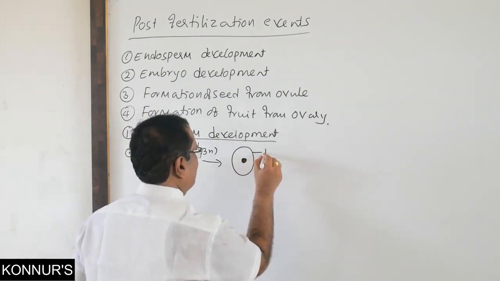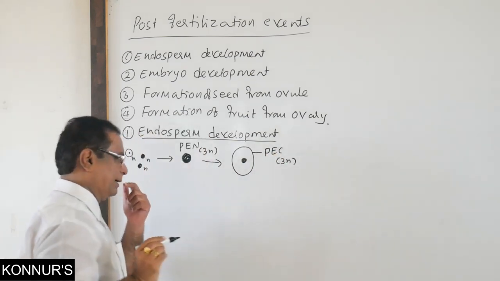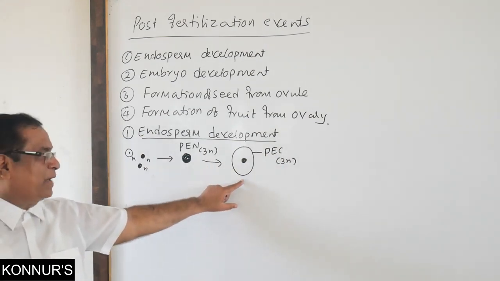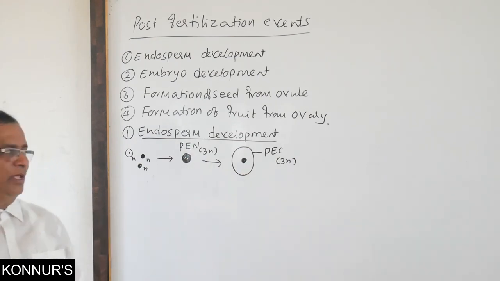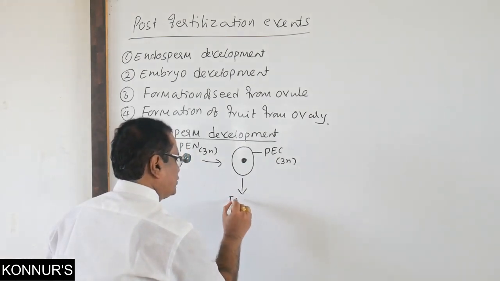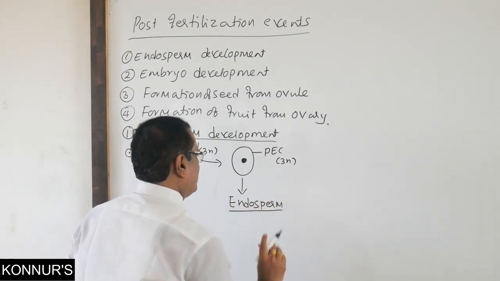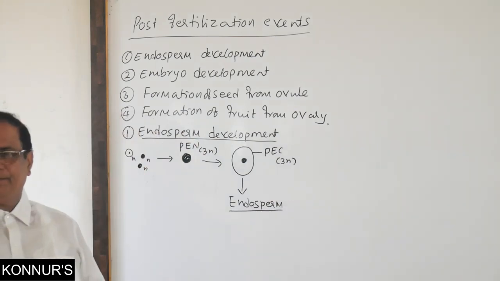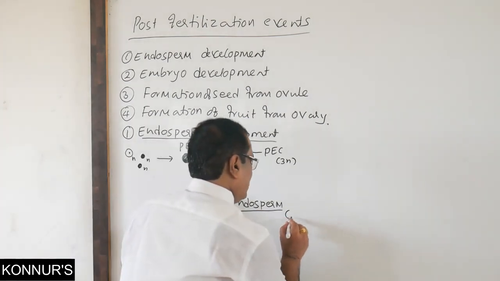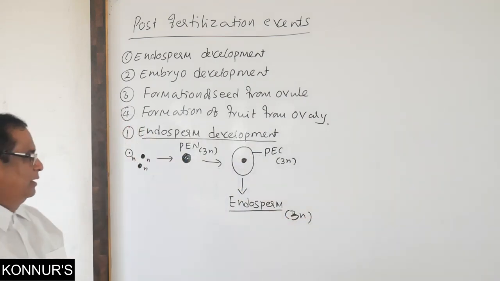This cell is PEC, is a triploid cell, that is primary endosperm cell. From this only we do expect the formation of endosperm. It's a triploid tissue from this.